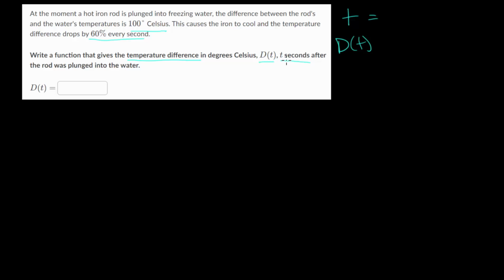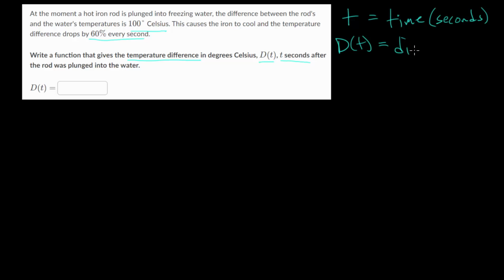Now t usually stands for time, not always, but in this case it does. So t is time, and it's also important to recognize the units. In this case, the units are seconds. And then d of t, that is the temperature difference. So d for difference in temperature, and the units for that are degrees Celsius.